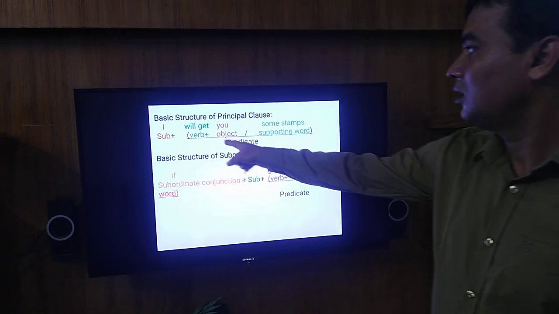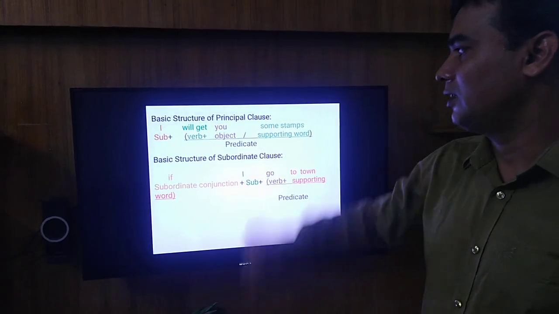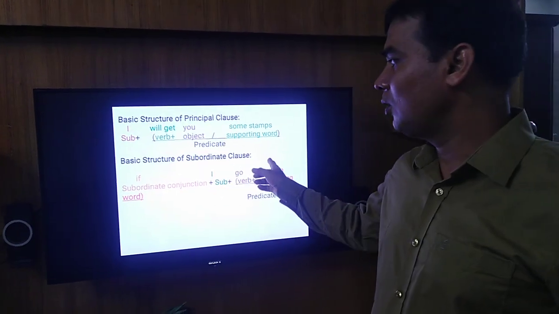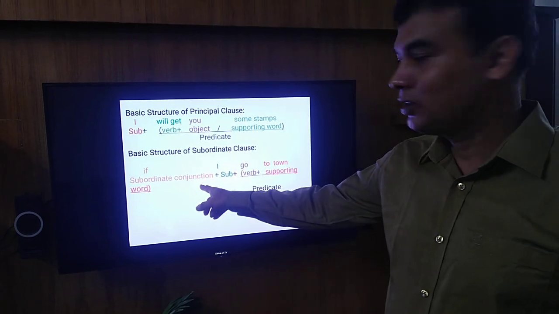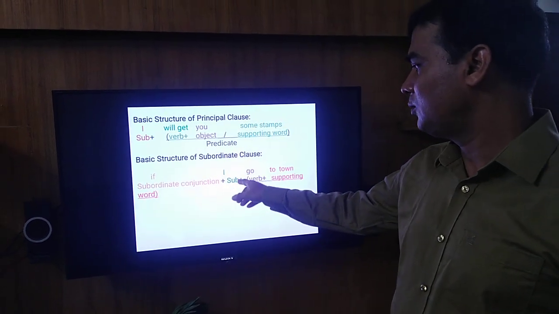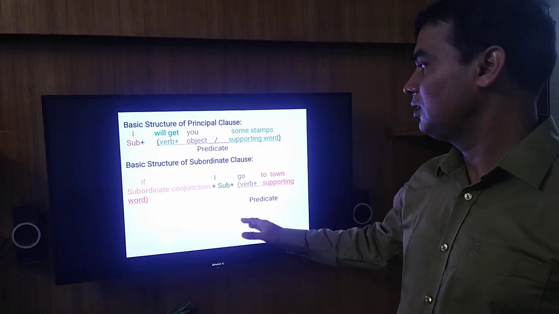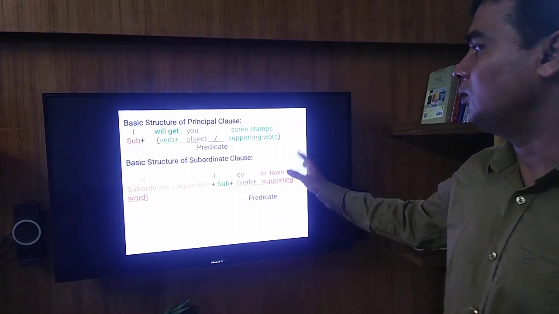That is called predicate: will get you some stamps. And the basic structure of a subordinate clause: first of all, subordinate conjunction, then subject, then verb, then supporting words. An example, if I go to town.